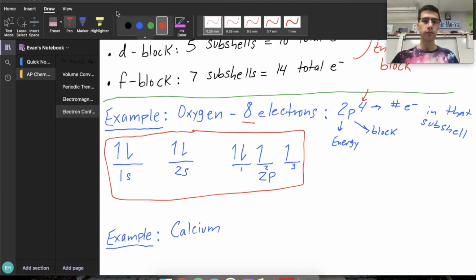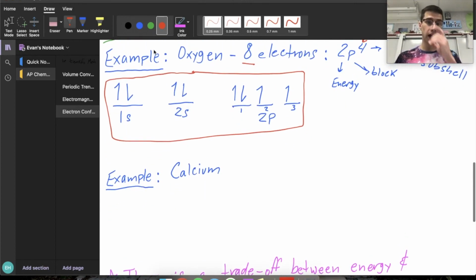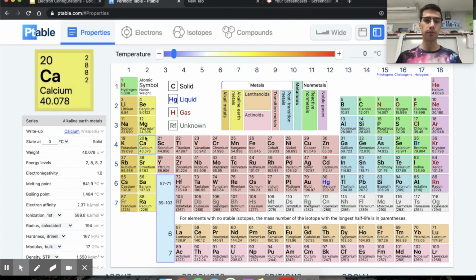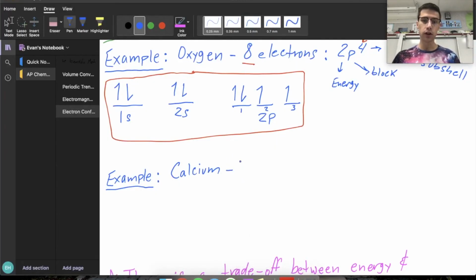Okay? So just as another example, let's go through one for calcium. Calcium on the periodic table has 20 electrons because it's element number 20. So we know we should have a total of 20 electrons, all right?